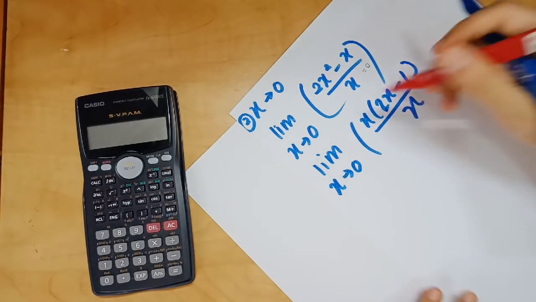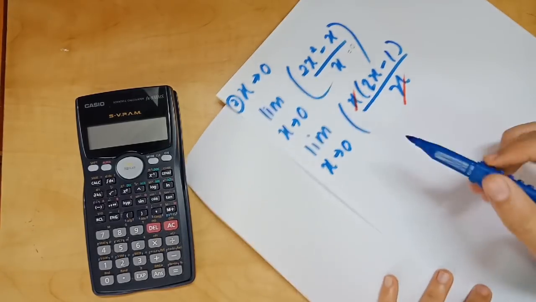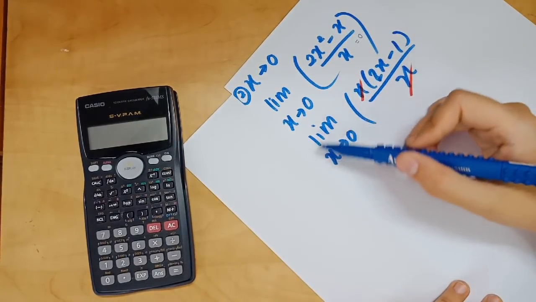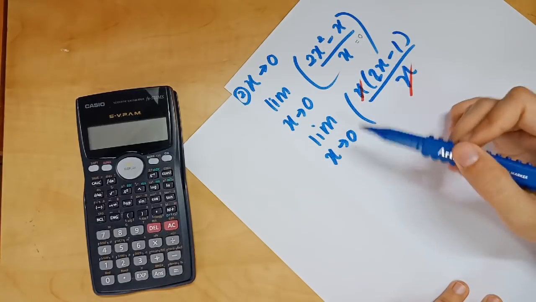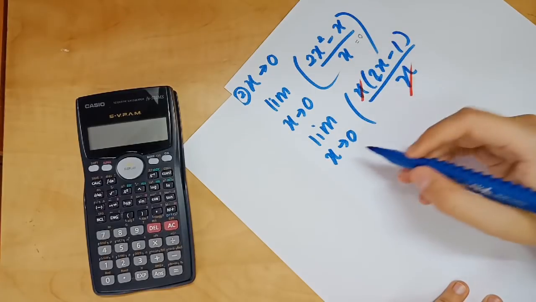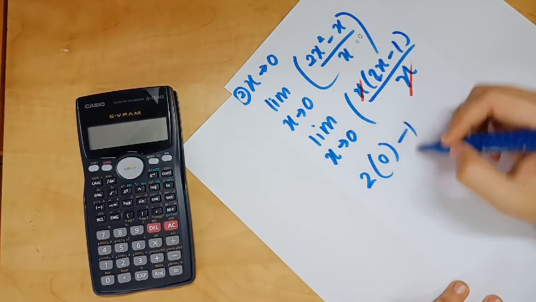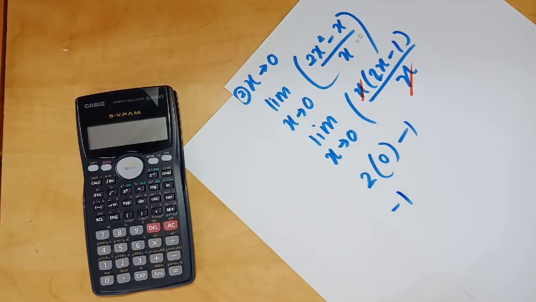Now you can cut this off and you can sub in. When you sub in the value, you can stop writing the limit x approaches 0. When you haven't subbed in the value yet, you have to still write it. Now you sub in already. It's 2(0) minus 1. So the answer is -1.